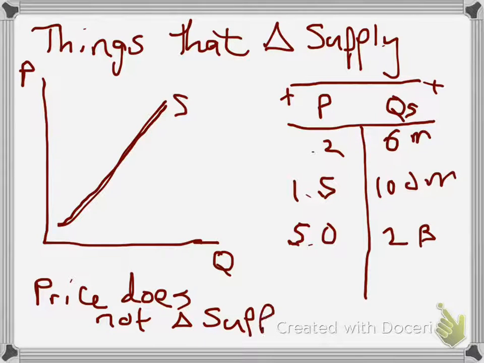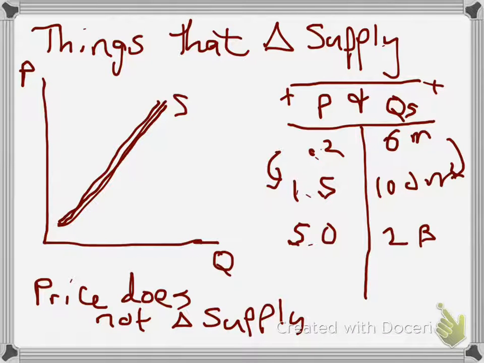It changes the quantity supplied. So in other words, when the price changes, like 0.2 goes to 1.5, then as you shift from one to the other, you shift in quantity. But the graph, which represents all of the possible price and quantity supplied combinations, the graph doesn't shift.